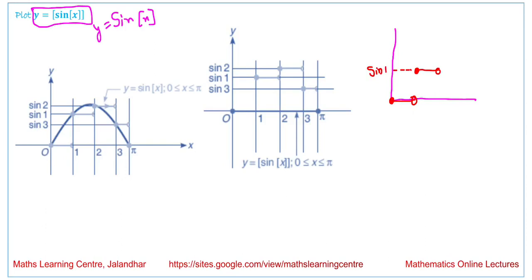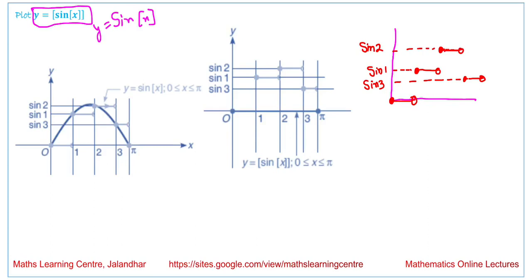Then somewhere over here we have the values equal to sine of 2. Then the values start decreasing, and these values are in the form of sine of 3, and likewise this graph will continue.